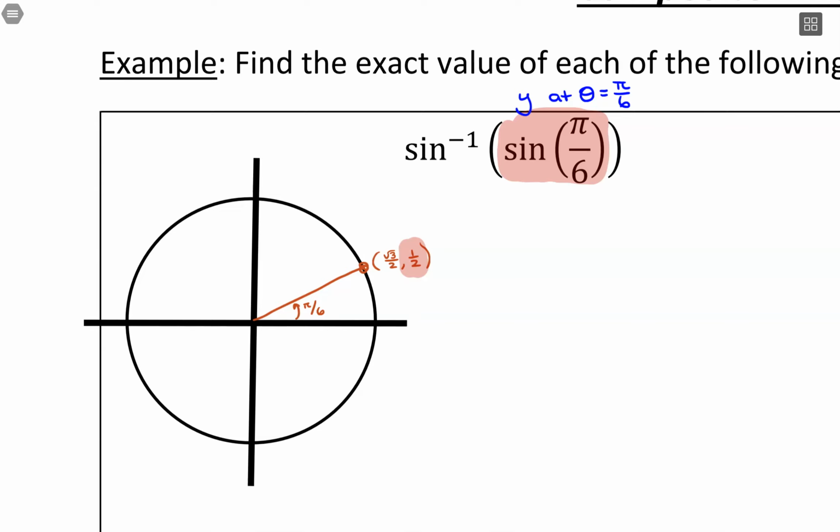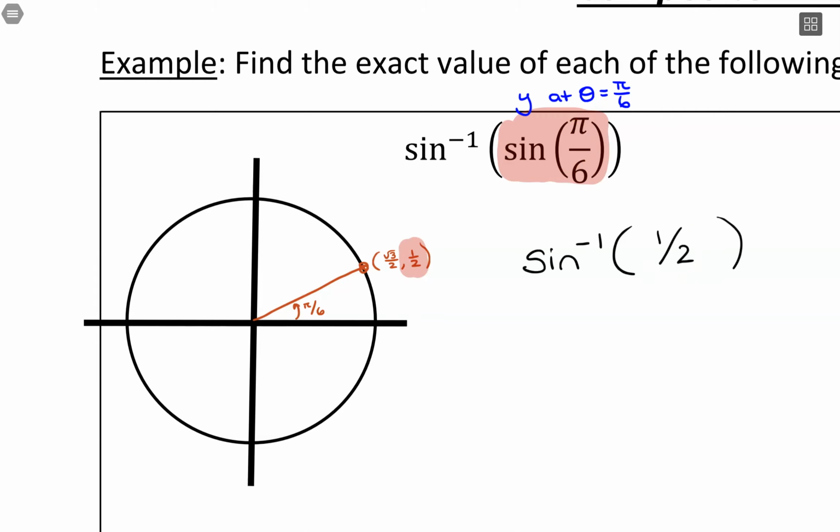So I still have this inverse sine on the outside. But what I can do is replace this whole idea of sine of pi over 6. Well, that's just the y coordinate at that angle measurement. So all of that gets replaced with the number 1/2. So we have this replacement of our function and what that output would be.